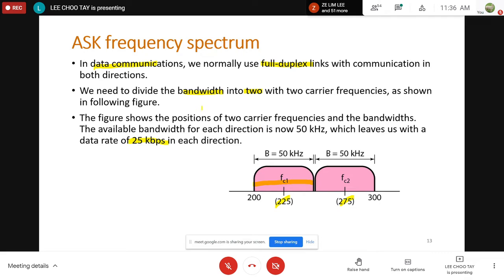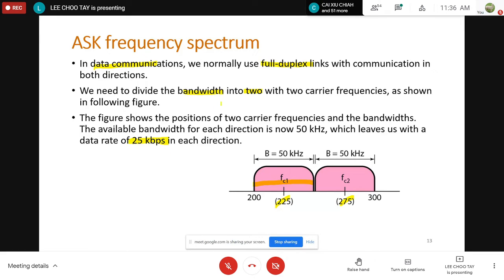And let's say we modulate our digital signal such that we use 1 hertz to transmit 1 bit, and therefore we can only have a data rate of 25 kilobits per second in each direction.